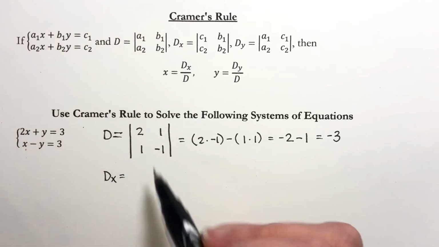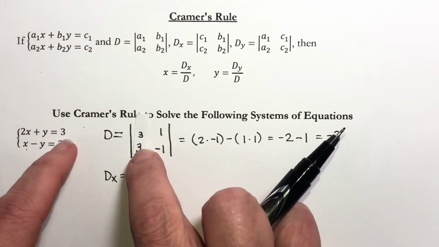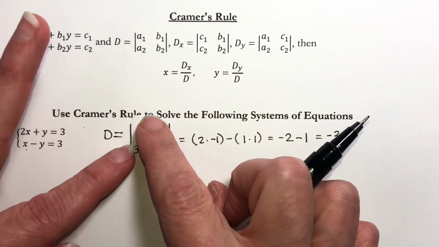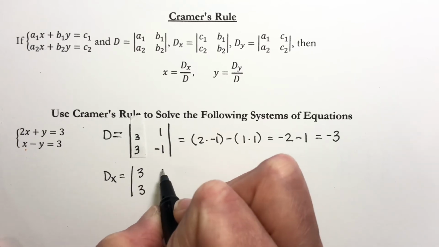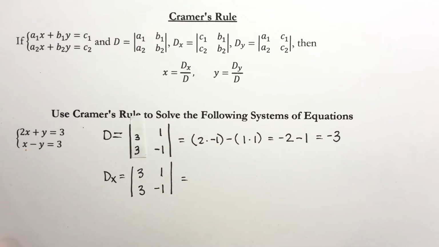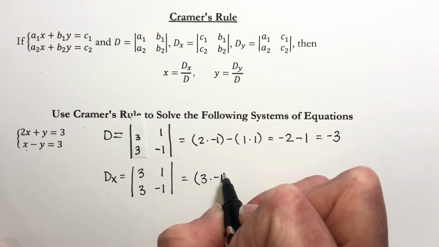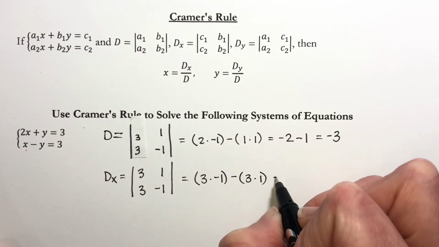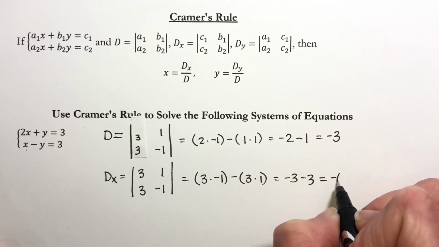Instead of 2 and 1, I'm going to use 3 and 3 right here. So I calculate 3, 3, 1, negative 1. Now multiply here, 3 times negative 1 minus 3 times 1. So this is negative 3 minus 3, and I get negative 6.